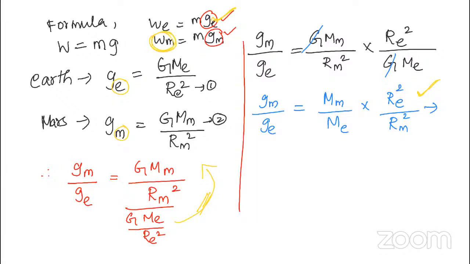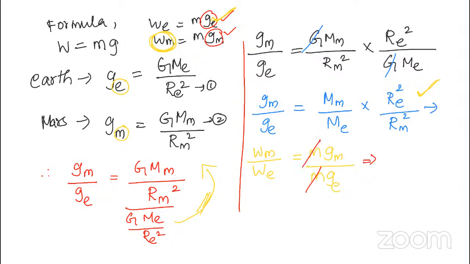So we construct the formula for weight: WM divided by WE is equal to M into gM divided by M into gE. Let us cancel this.